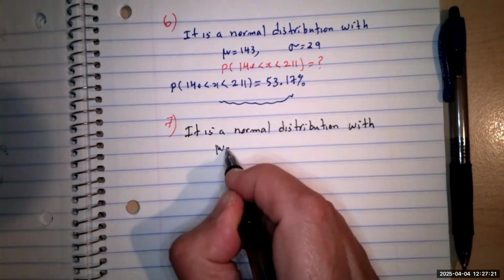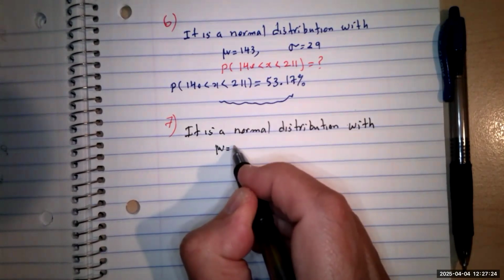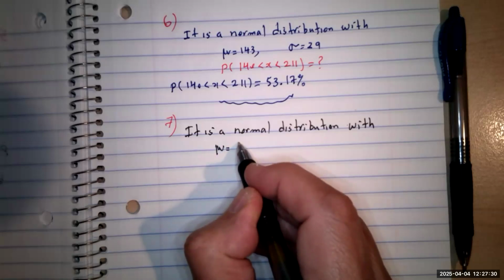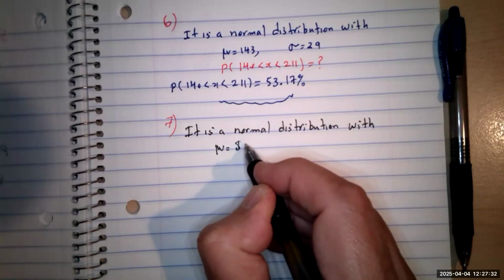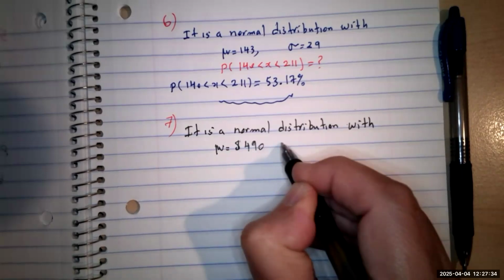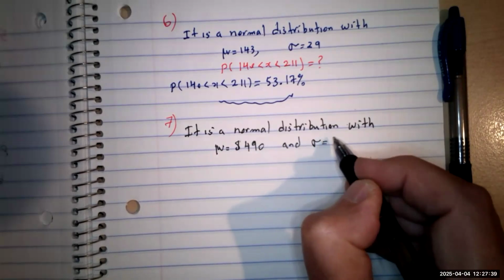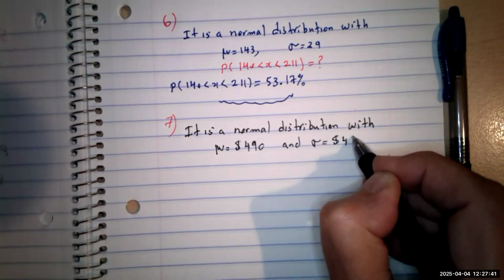Mu, the mean, is going to be the salary of the teachers, the weekly salaries: $490. And the standard deviation, sigma, is $45.